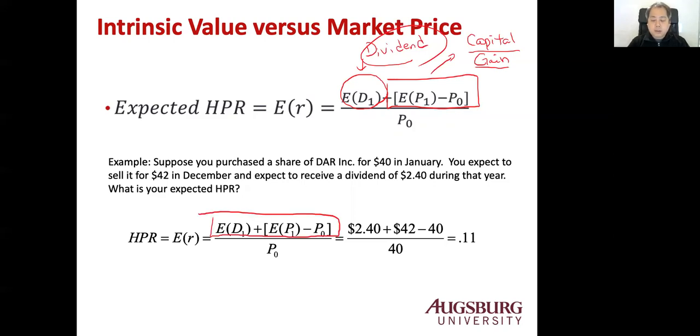The dollar return is the dividend of $4 plus the capital gain, $42 selling price minus $40 purchase price, so $2 capital gain. So $6 will be your dollar return, divided by the purchase price, $40. 15% is the HPR, holding period return.